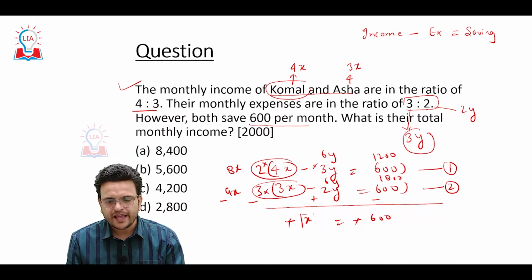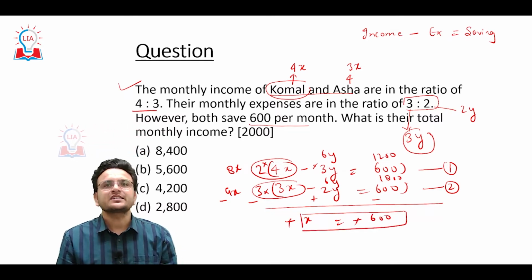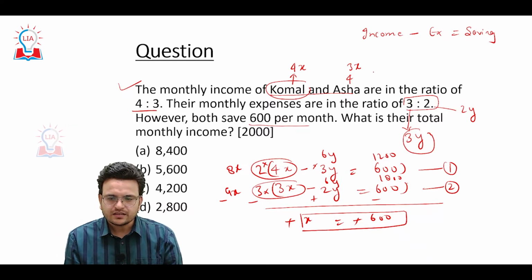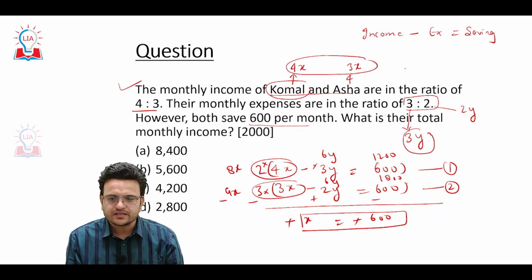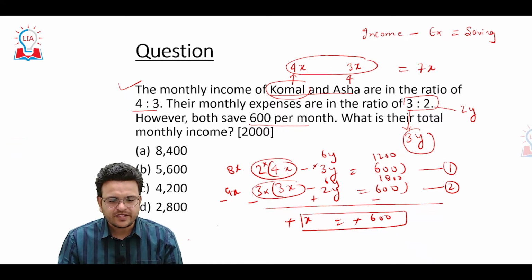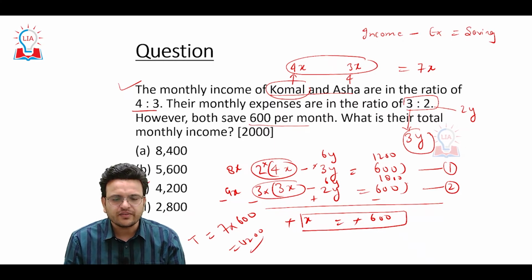So the value of x will be 600. Total income of these two persons is 7x, so total income will be 7 into 600, which is 4200. The answer will be C.